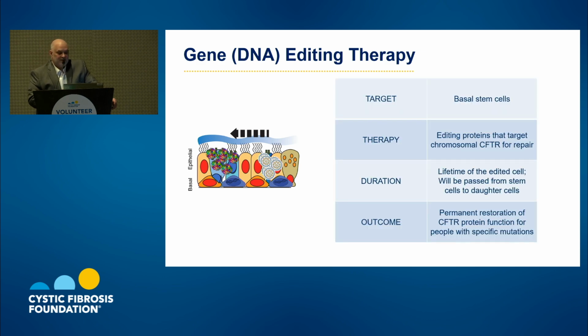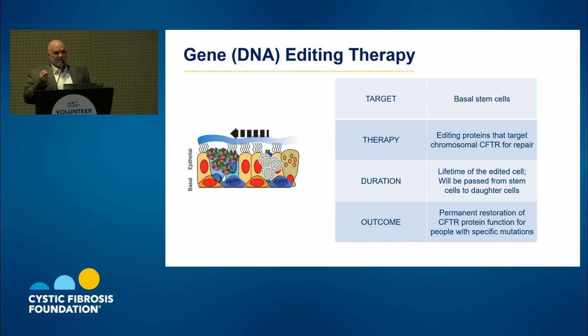The advantage of this is, if we target the right cells here, we can edit the chromosomal CFTR, and you'll notice now that the duration of this therapy went from some short period of time to basically the lifetime of an edited cell. And if we can target the basal cells, the progenitor cells that give rise to the tissue that is our lung, that basically means that's the lifetime of the individual, the patient.